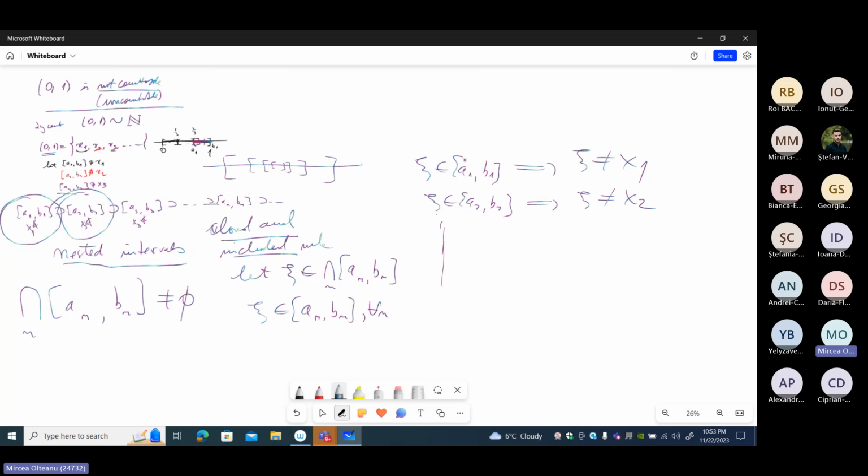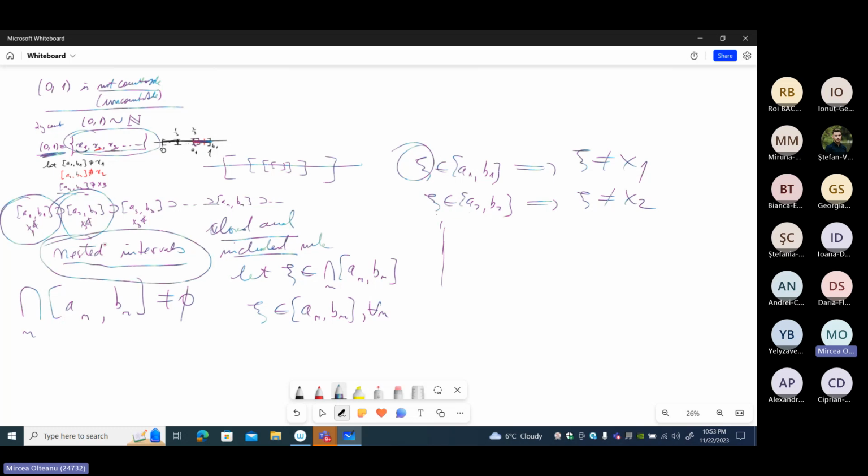So this is the contradiction. We found a real number in 0, 1 which cannot be equal to X1, to X2, to nobody from here. So contradiction: our list is not the entire set 0, 1. At least somebody is missing. Who? This Xi. So this is an argument based on the so-called lemma of closed and nested intervals.